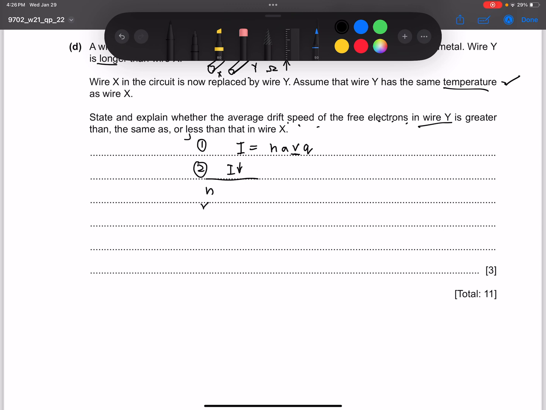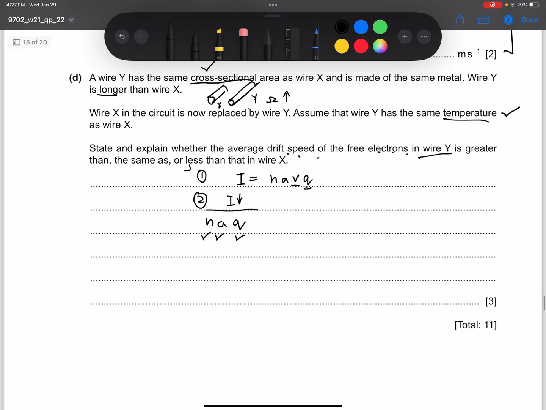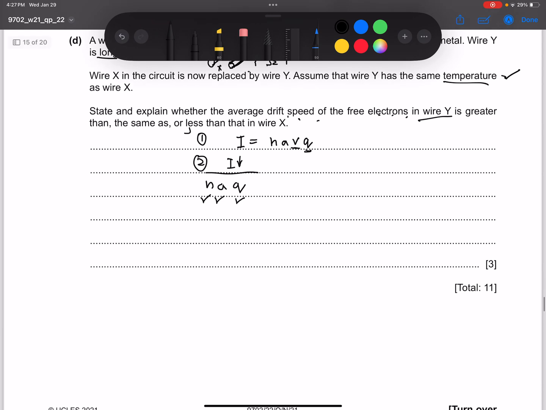N is constant, the cross-sectional area is constant, charge Q is constant, right? So I decreases and the resistance increases. Now, N increases because the wire is longer, so it has more volume, right?